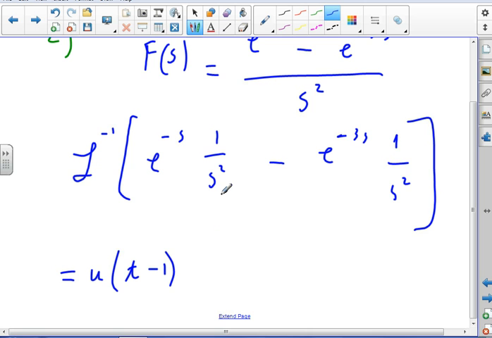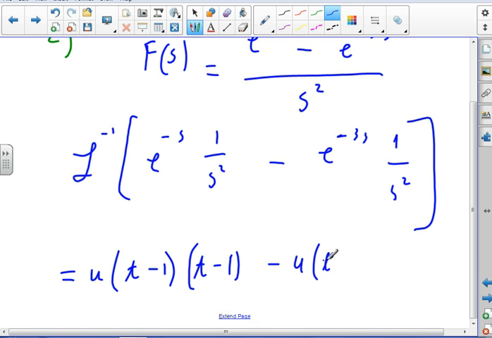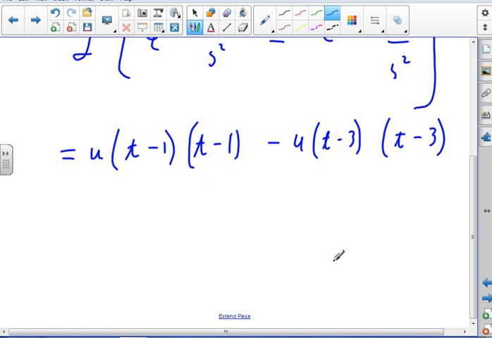So it'd be t minus 1, and then minus the unit step function t minus 3, times t minus 3. Okay, so I've written the inverse Laplace transform just like I wanted to.